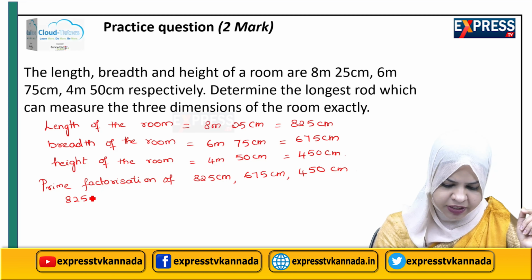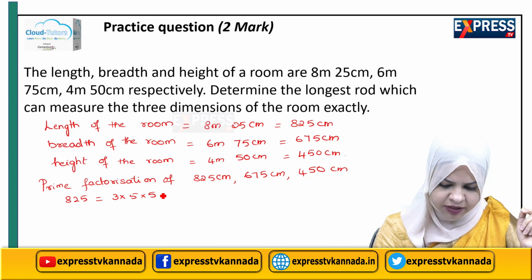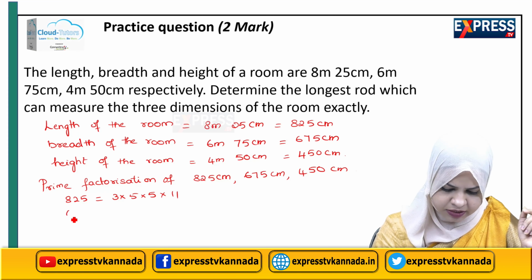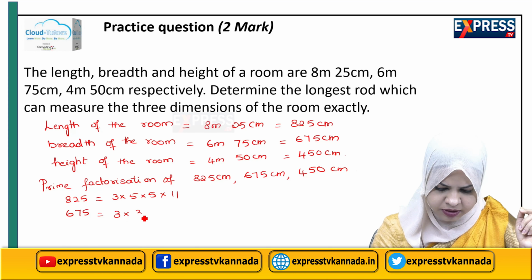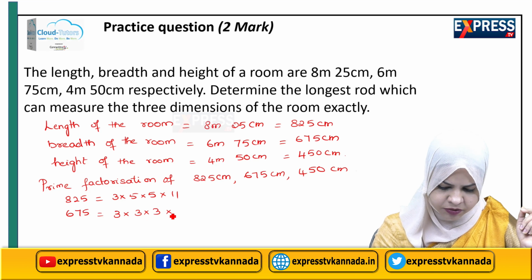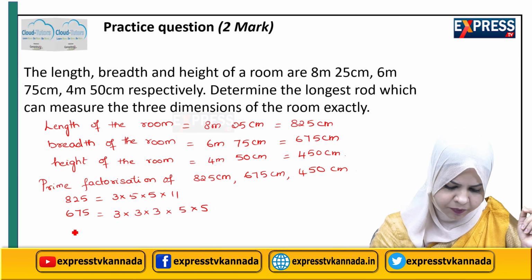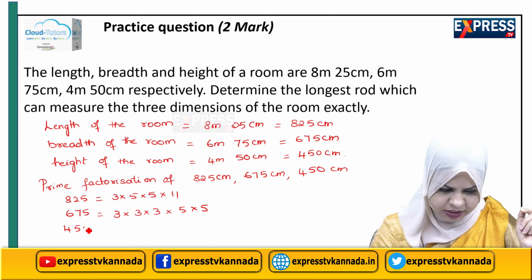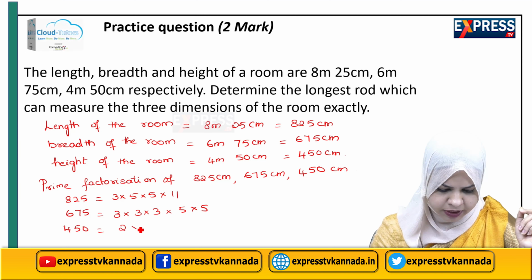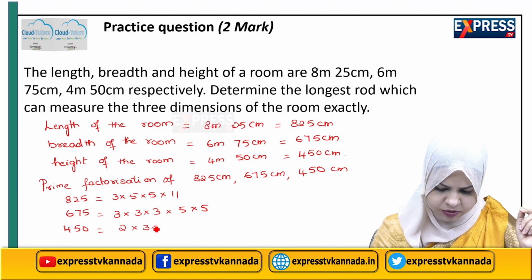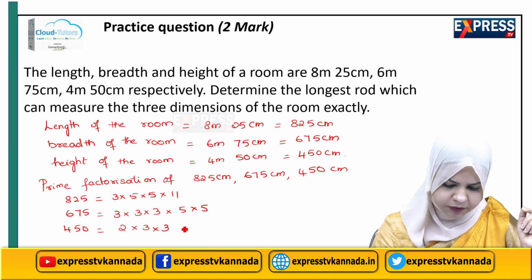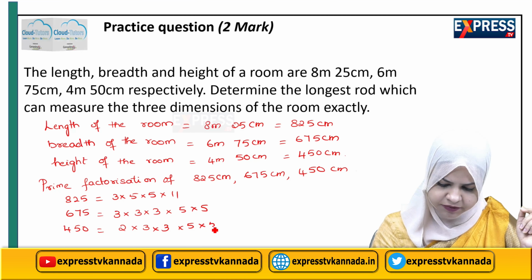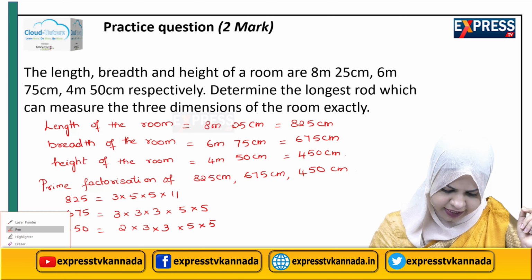So 825 would be 3 into 5 into 5 into 11. 675 would be 3 into 3 into 3 into 5 into 5. Then 450 centimeters would be 2 into 3 into 3 into 5 into 5. Now let's find the common factors.